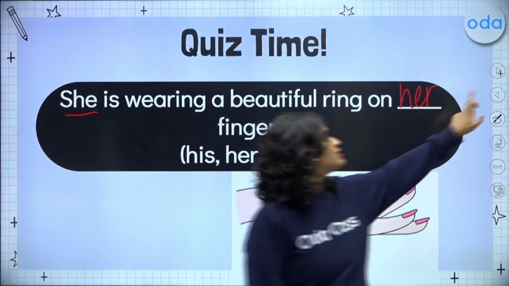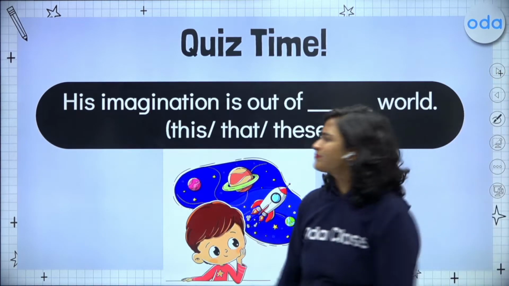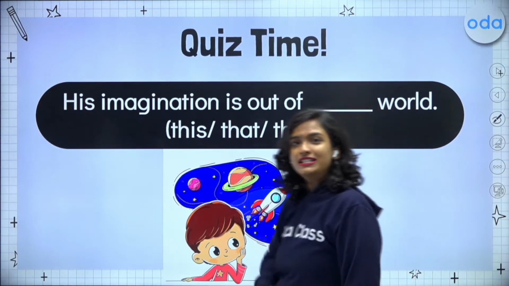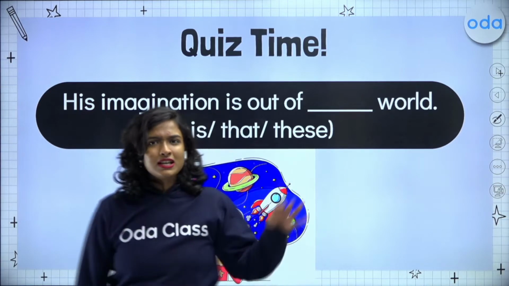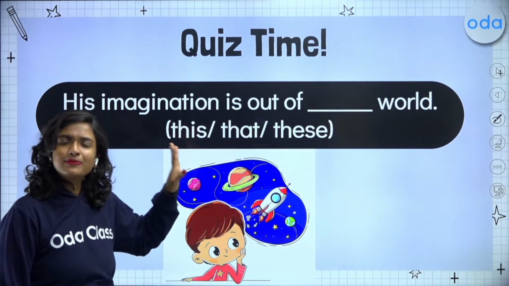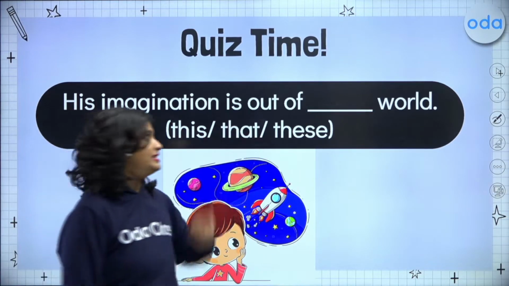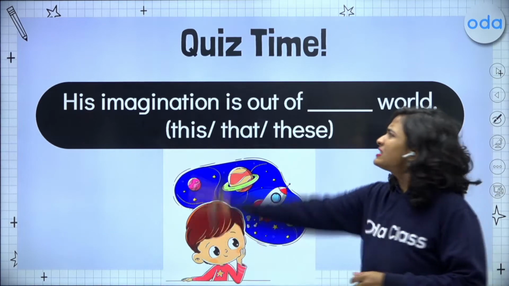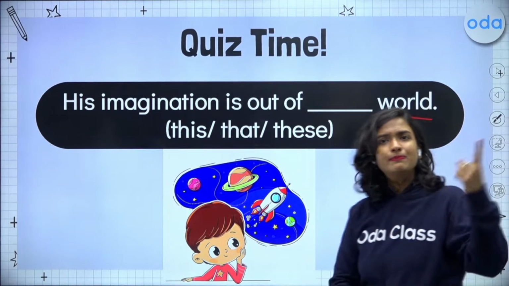Okay, moving on to our second question, students. His imagination is out of blank world. Should I use this, that, or these? What do you think, students? So, first of all, world, right? Singular.